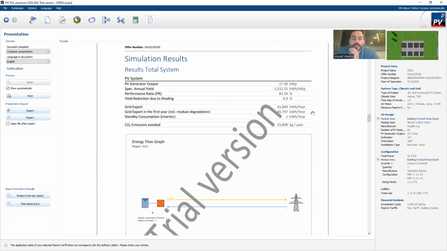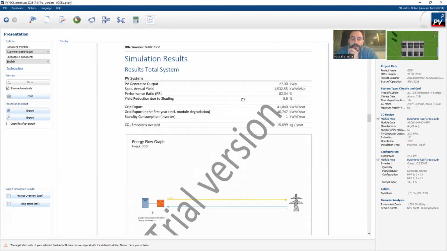Here, the performance ratio, or PR, is 82.34%. The performance ratio is one of the most important quality indicators for a solar system. It compares the actual energy output to the theoretical maximum output under ideal conditions.